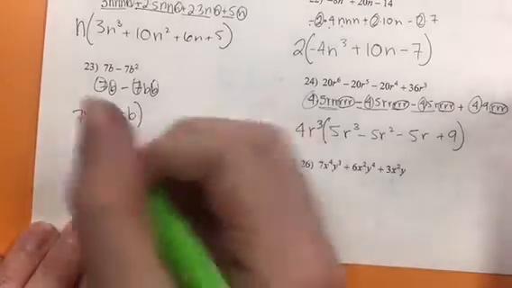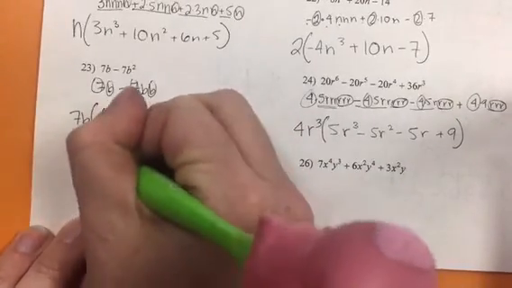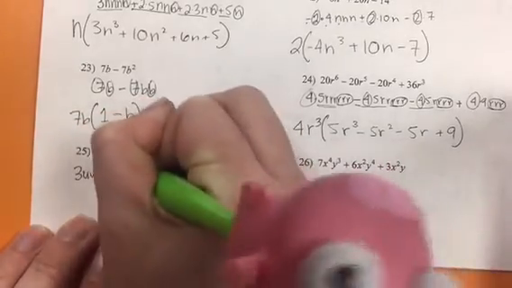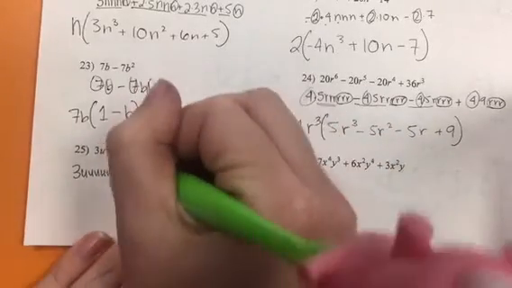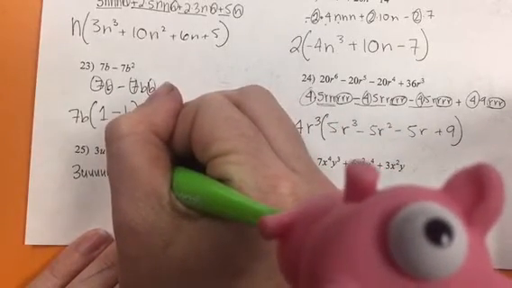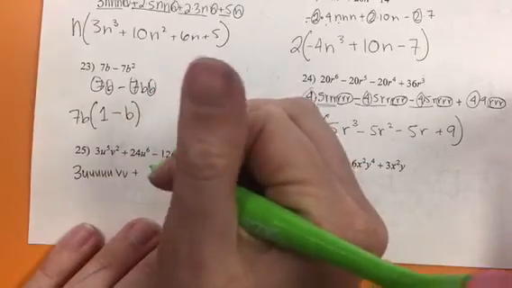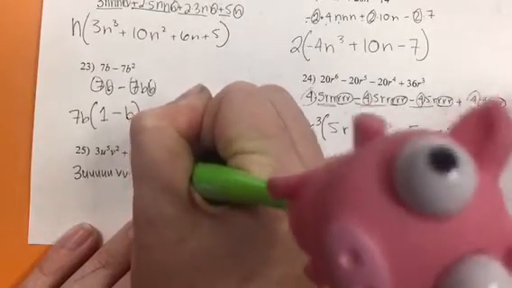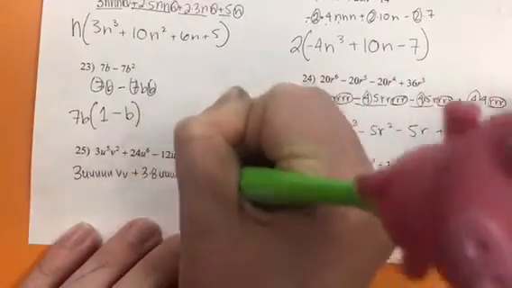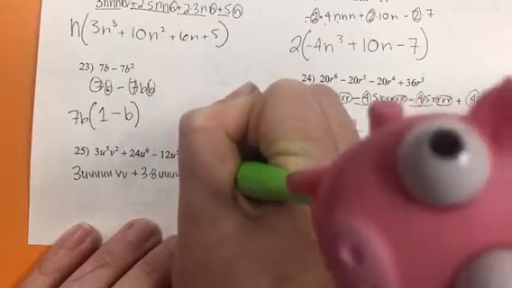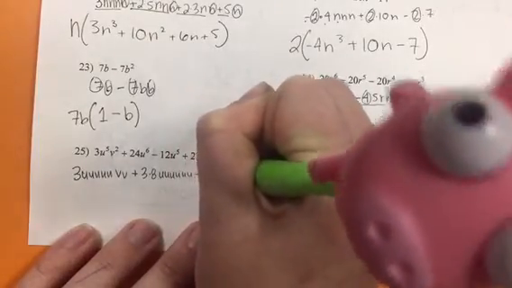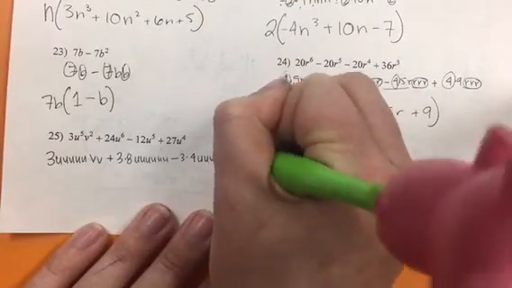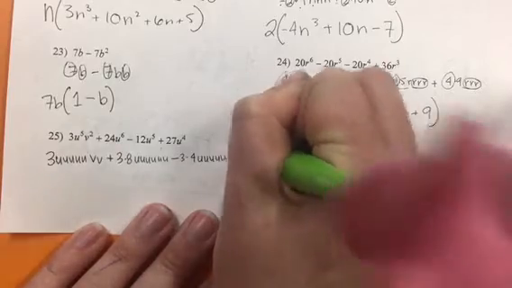3, 24, 12, and 27. So I have a 3 with 5 u's and 2 v's, plus, let's do 3 times 8 with 6 u's, minus 3 times 4 with 5 u's, plus 3 times 9 with 4 u's.